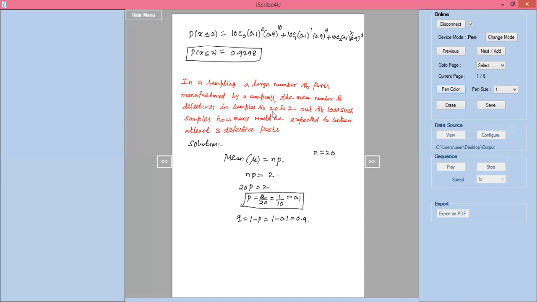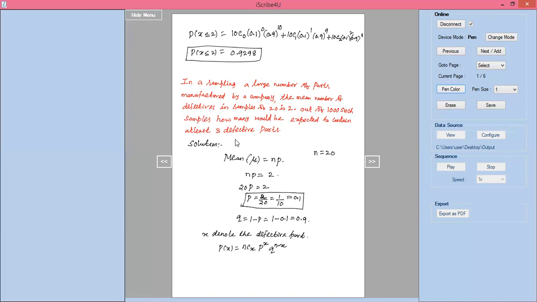Now here, what does X denote? X denotes the defective parts. Now I can write P of X equal to nCx into p power x into q power n minus x.